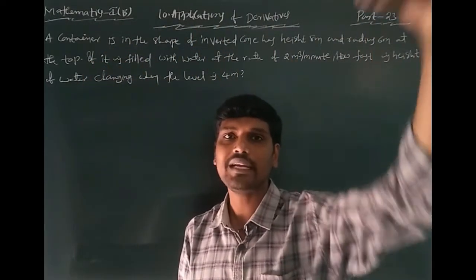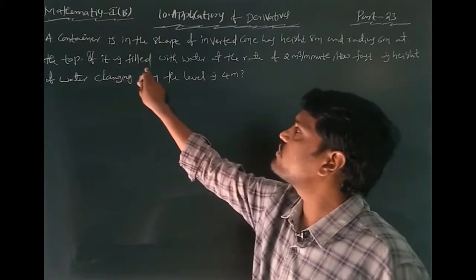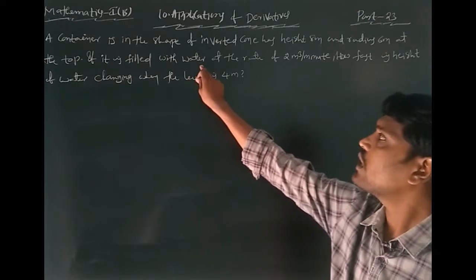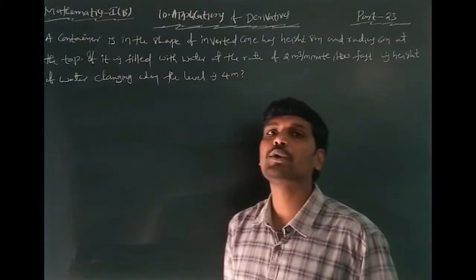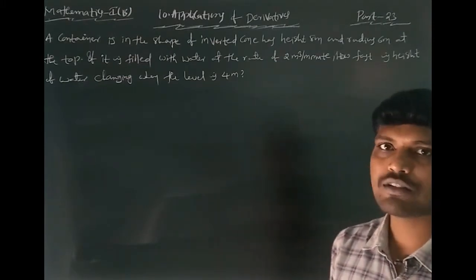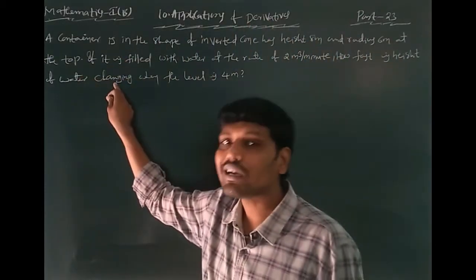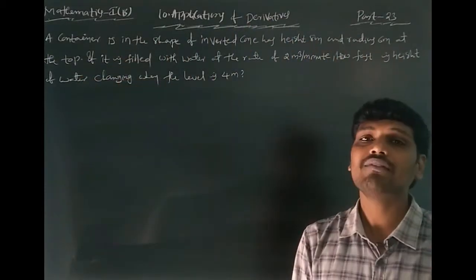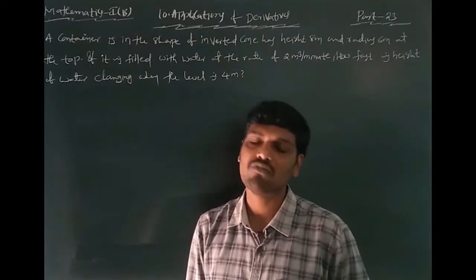If it is filled with water at the rate of 2 meter cube per minute, the rate of change of volume is given. How fast is the height of the water changing when the level is 4 meters?